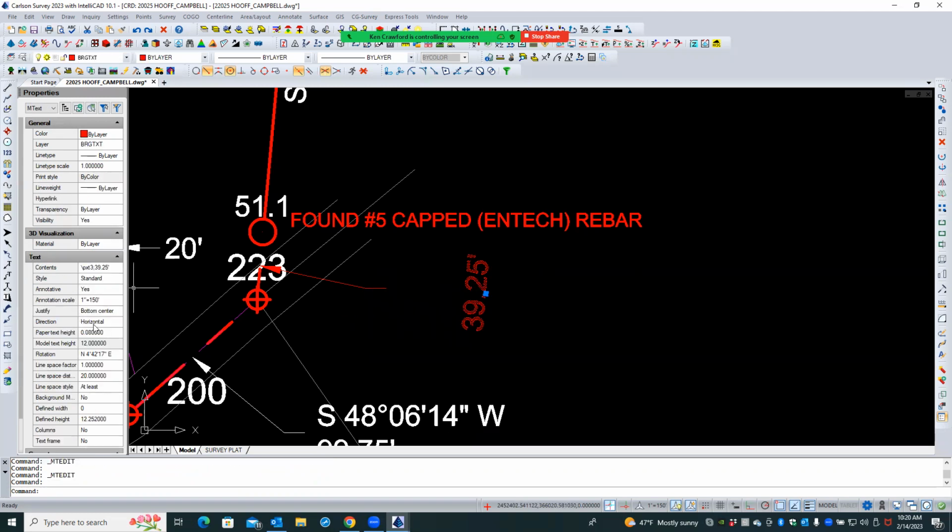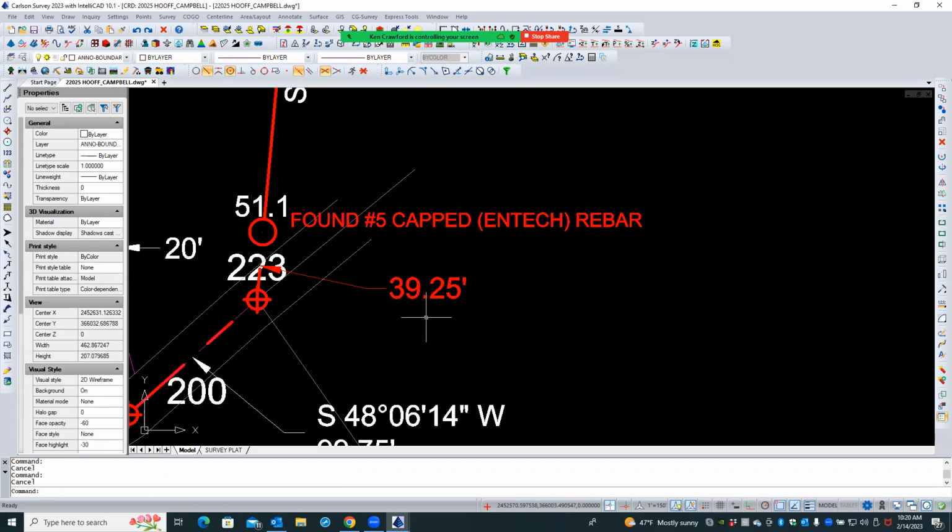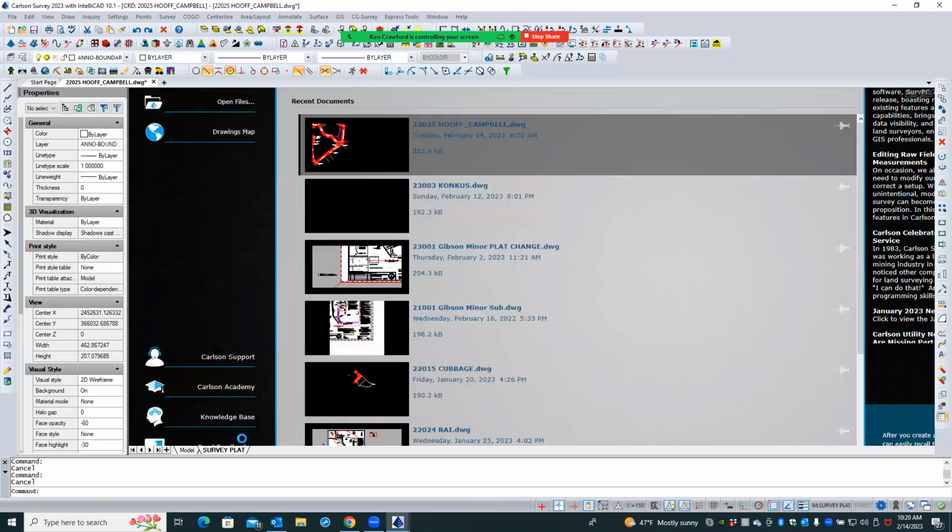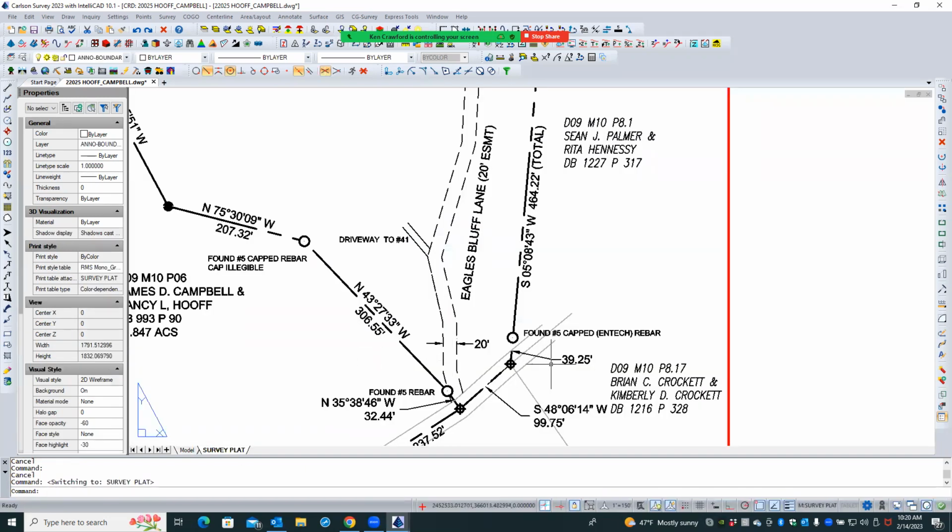And let's set this. Now that should work. There it is.